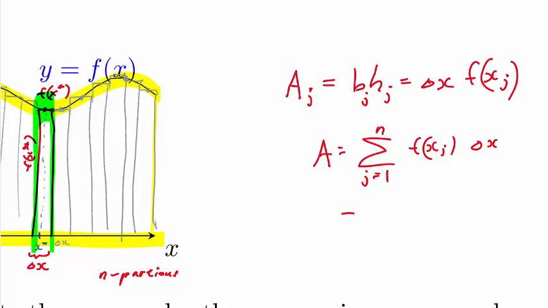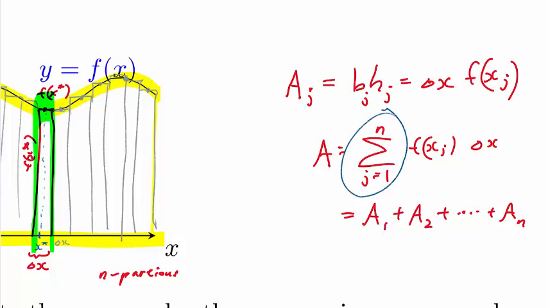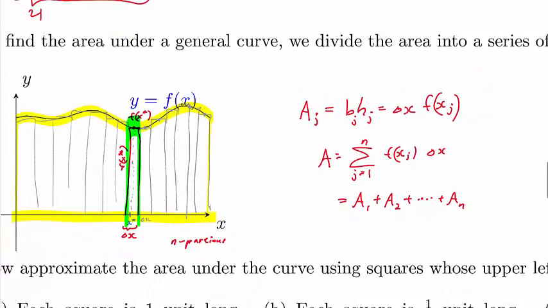This is essentially the same thing as saying A1 plus A2, and so on and so forth until you get to the last partition. That's what this symbol means. This is called a Riemann sum, and you're just adding a bunch of different values together.